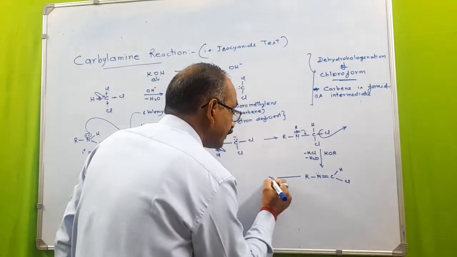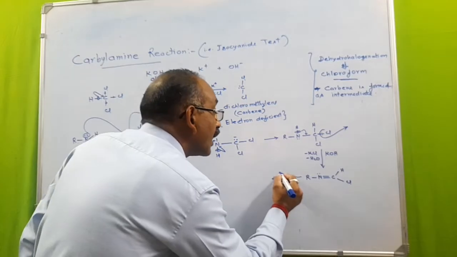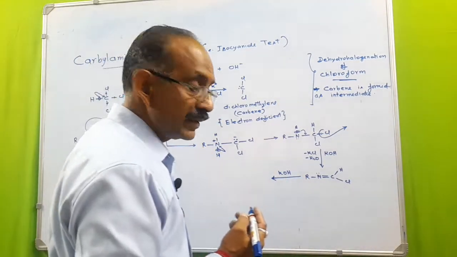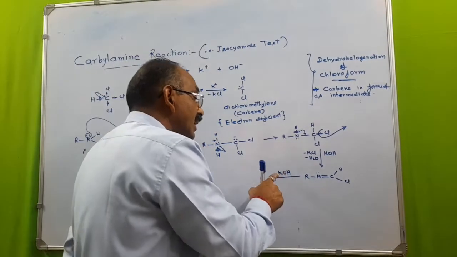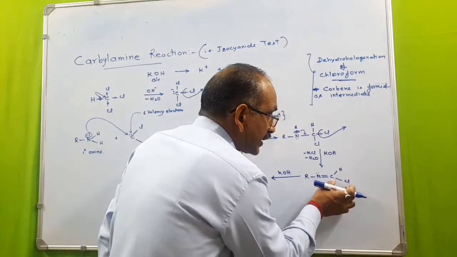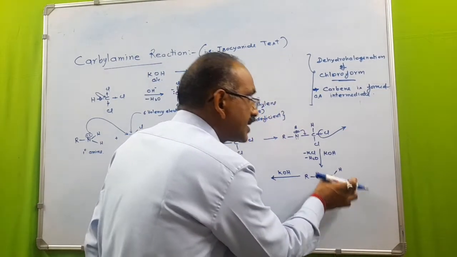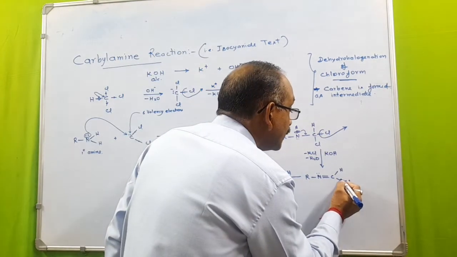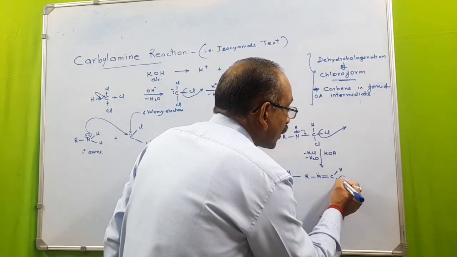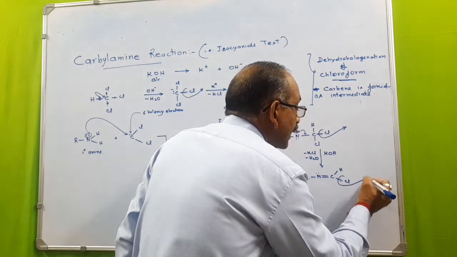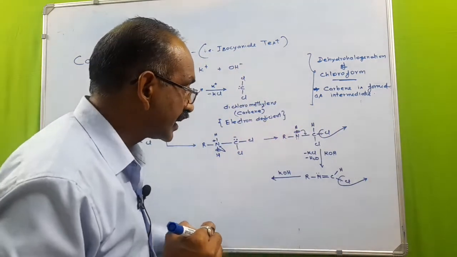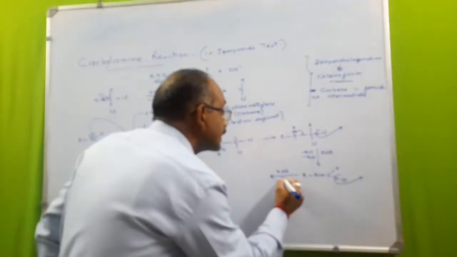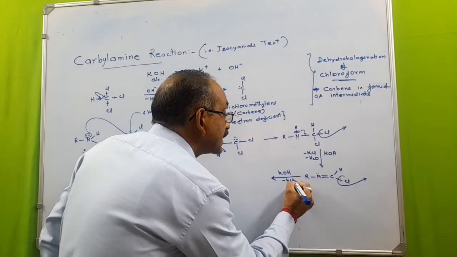Again, in the medium there is an alkali, KOH. Now there's a difference in the electronegativities of the carbon and chlorine. So what happens here? The second C-Cl bond breaking occurs, heterolytic bond breaking. The Cl minus will set free, combines with the K plus in the form of KCl.